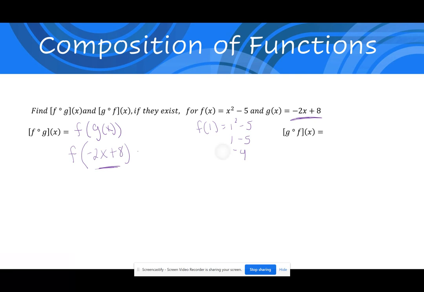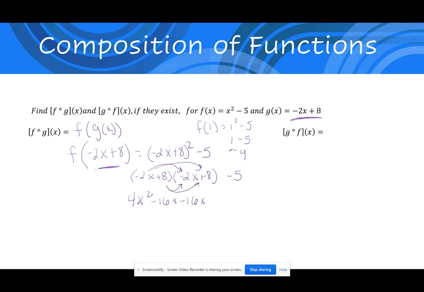So we're going to plug this whole thing in for x and simplify it down. So that means we get negative 2x plus 8 squared minus 5. Squared means we have to multiply this whole thing out by itself and then subtract 5. So we get 4x squared minus 16x minus 16x plus 64 and then minus 5.